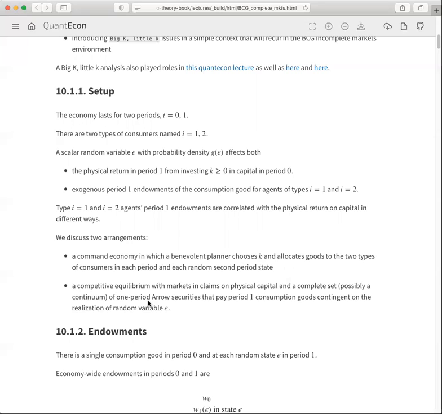And then we're also going to describe a competitive equilibrium with markets in claims on physical capital, and a complete set of, there might actually be a continuum of, 1 period Arrow securities, and they're going to pay period 1 consumption contingent on the realization of the random variable epsilon. Okay, that's the setup.